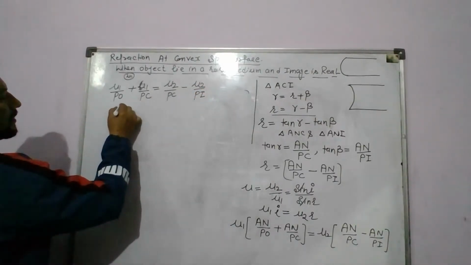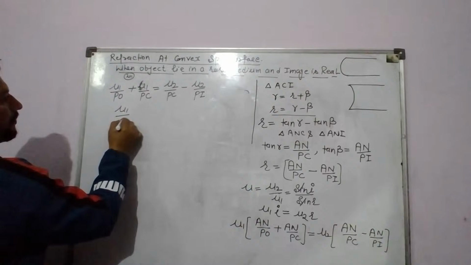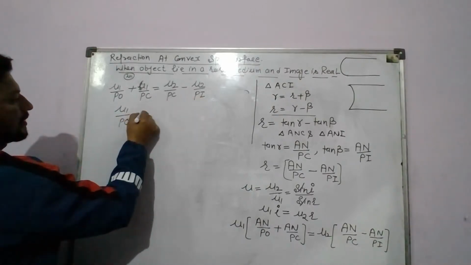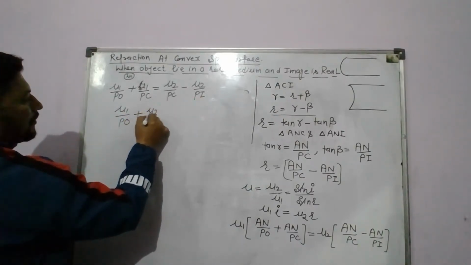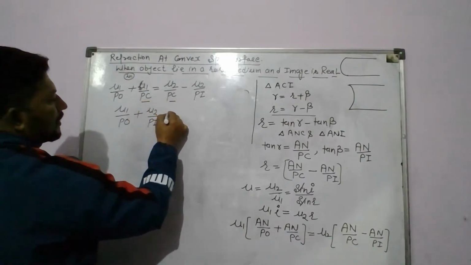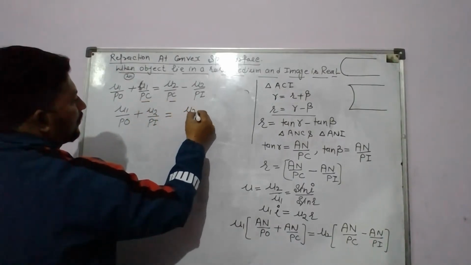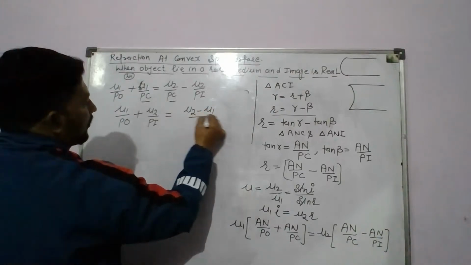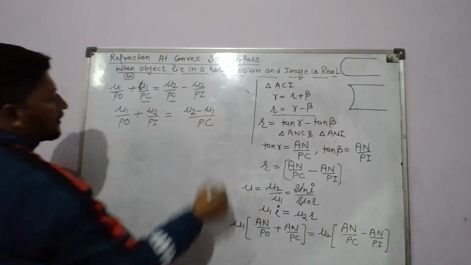So rearrange: mu1 upon po, this is minus, so plus mu2 upon pi, here pc, mu2 minus mu1 upon pc.